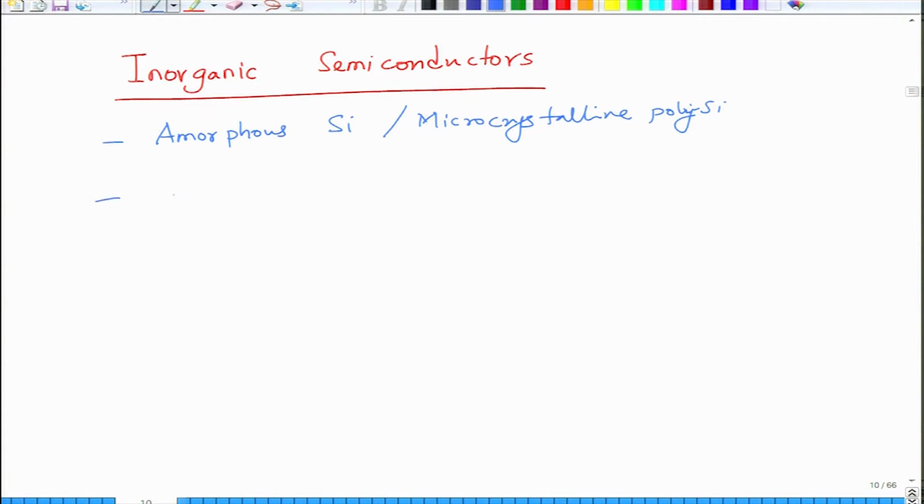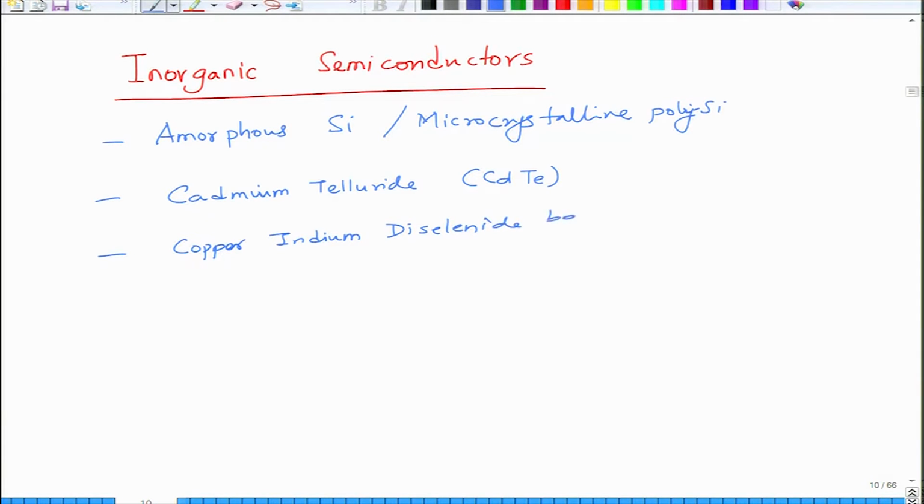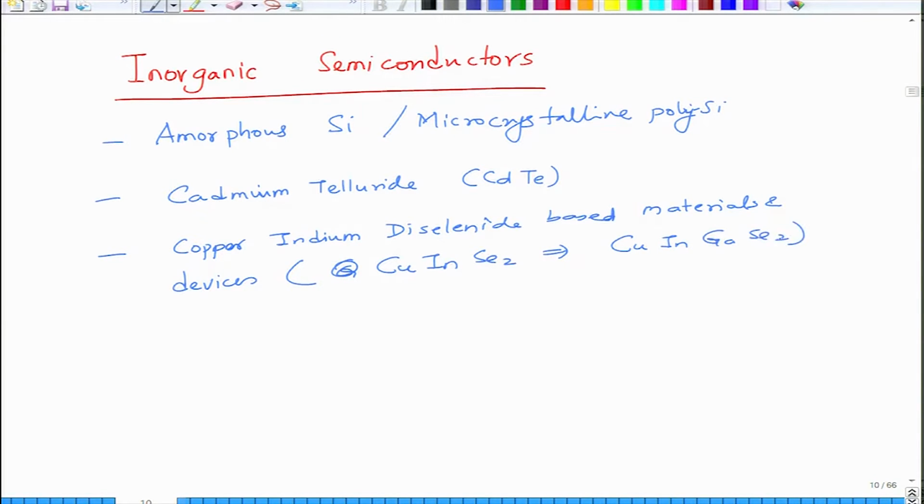Then we also have cadmium telluride, which is called CdTe, and then we have copper indium diselenide based materials and devices, which is basically Cu indium Se2, and if you dope it with gallium, then copper indium gallium selenide, and this is mainly done to change the band gap.